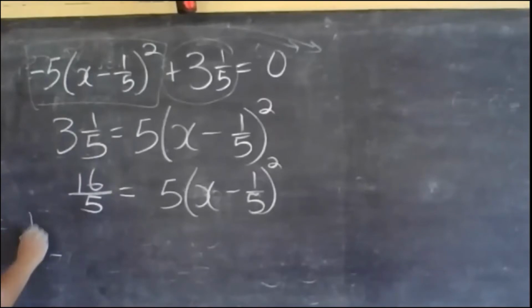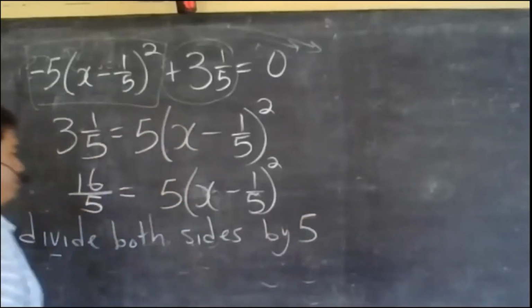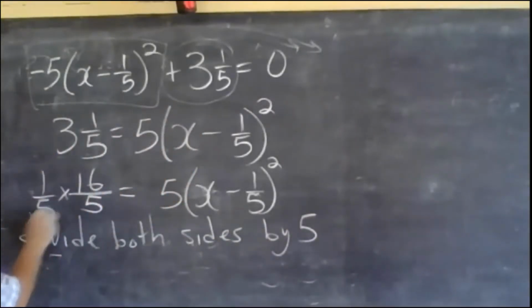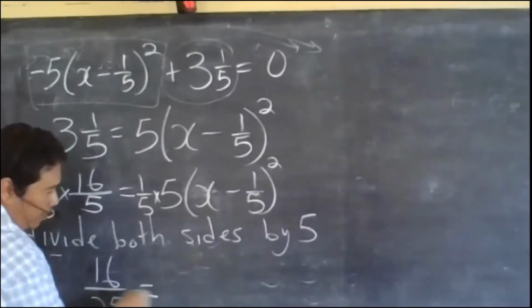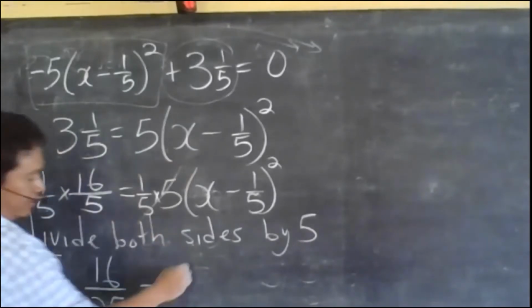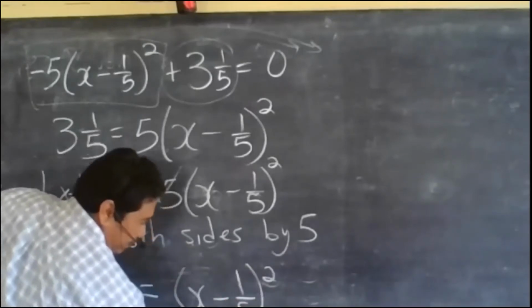Divide both sides by 5. So I did that. So this is now 16 over 25 is equal to, and this cancels, (x - 1/5)².